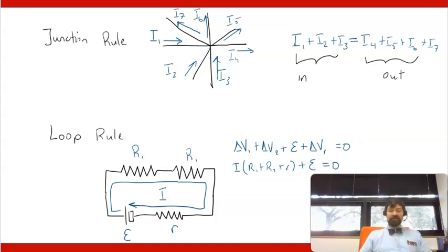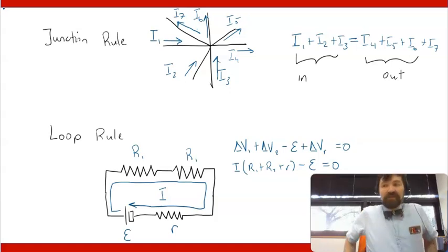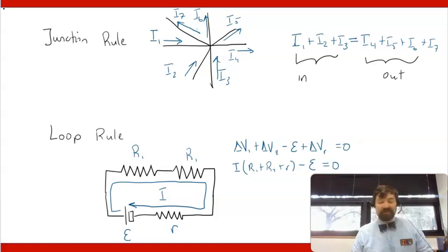Note that this implies that either I or epsilon has to be negative. And so by convention, we typically put some signs in. So there are usually sign conventions used. I'm going to make epsilon negative for this. In principle, you could have chosen I to be negative and epsilon to be positive here.